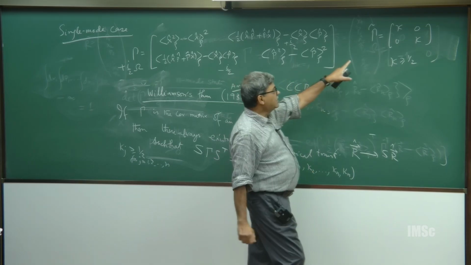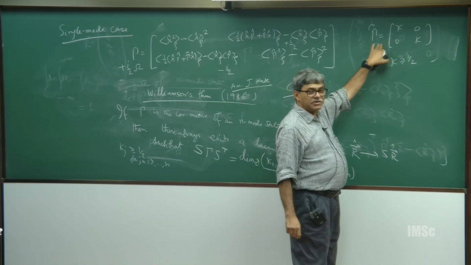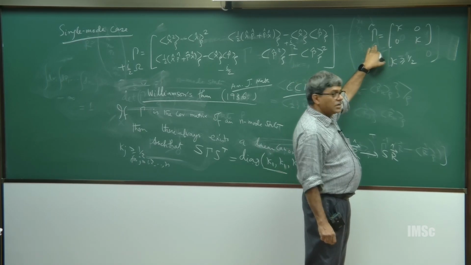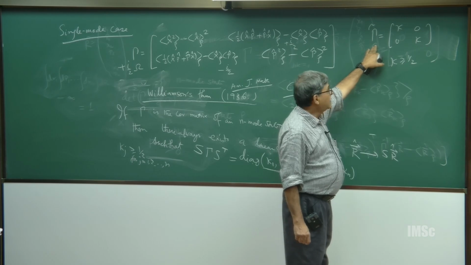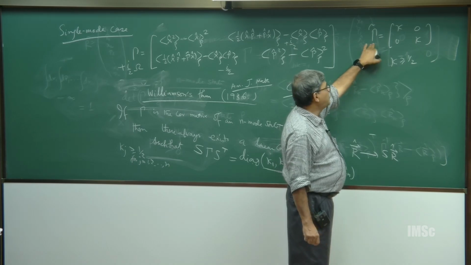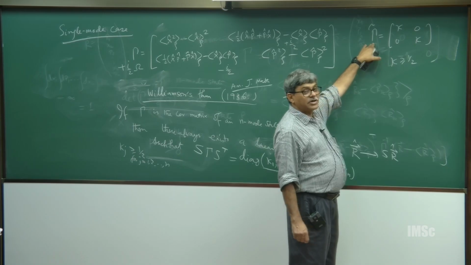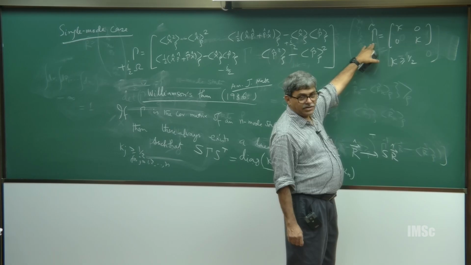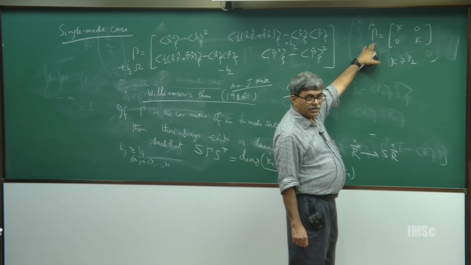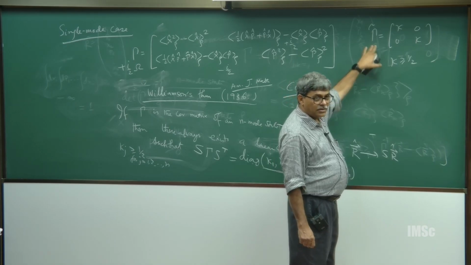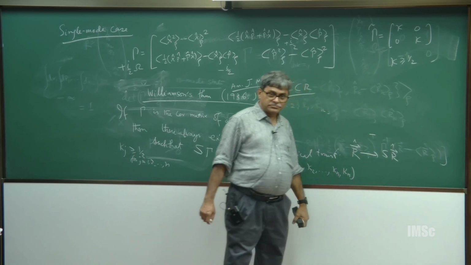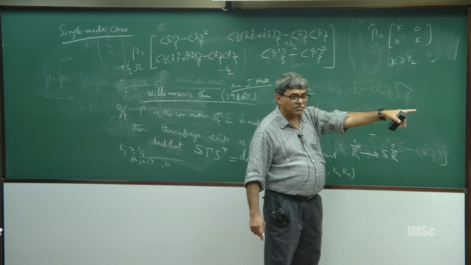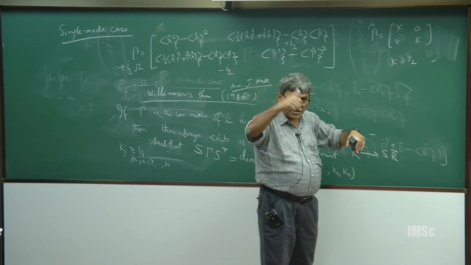So this is a real symmetric and positive definite matrix. Can I say that this corresponds to the covariance matrix of a bona fide single mode Gaussian state? Yes, I can, because given this kappa, I know the average photon number, and then I construct the thermal state with that average photon number.